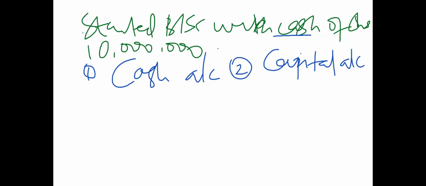However, sometimes you will not be able to see this kind of thing, cash, and they will just say started a business with 10 million. And whenever they say started a business with 10 million, definitely that is going to be cash, except when the examiner is telling you specifically that 10 million was put in the bank account directly.